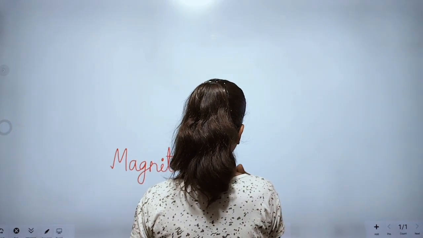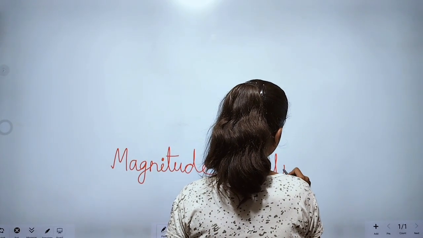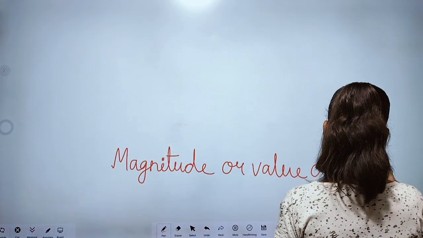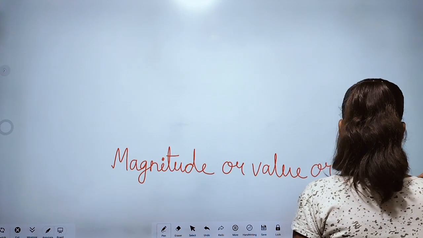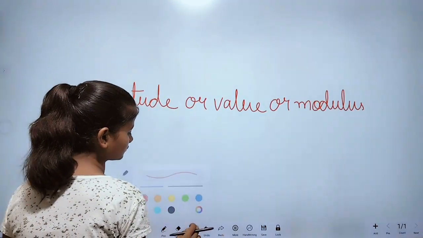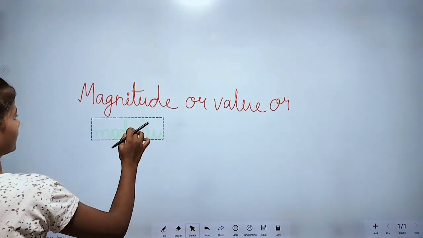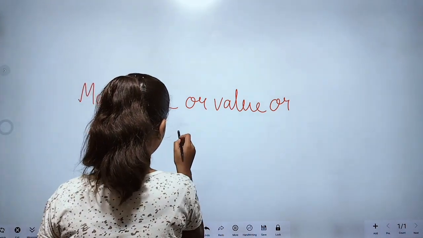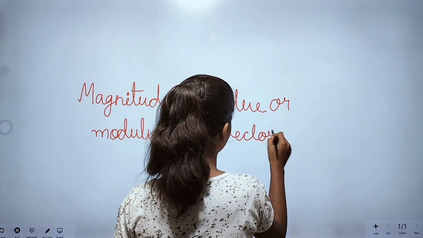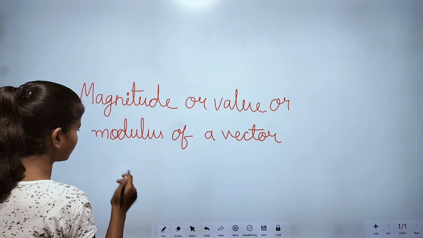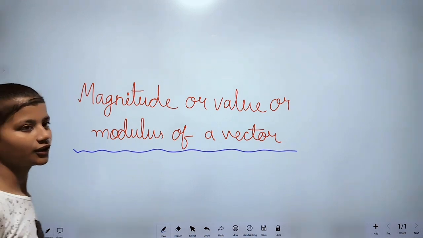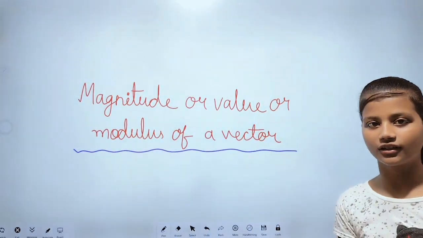Magnitude, or you can also say value, or modulus of a vector.